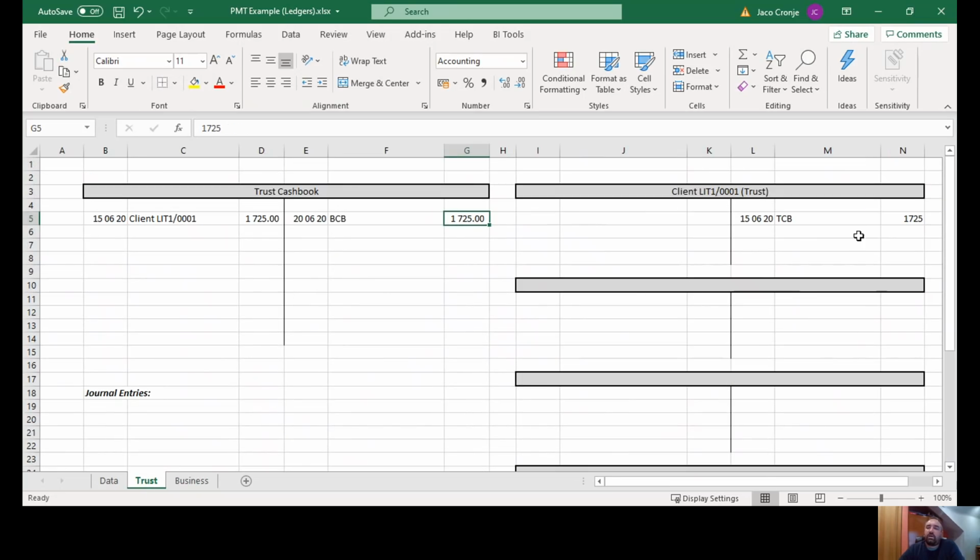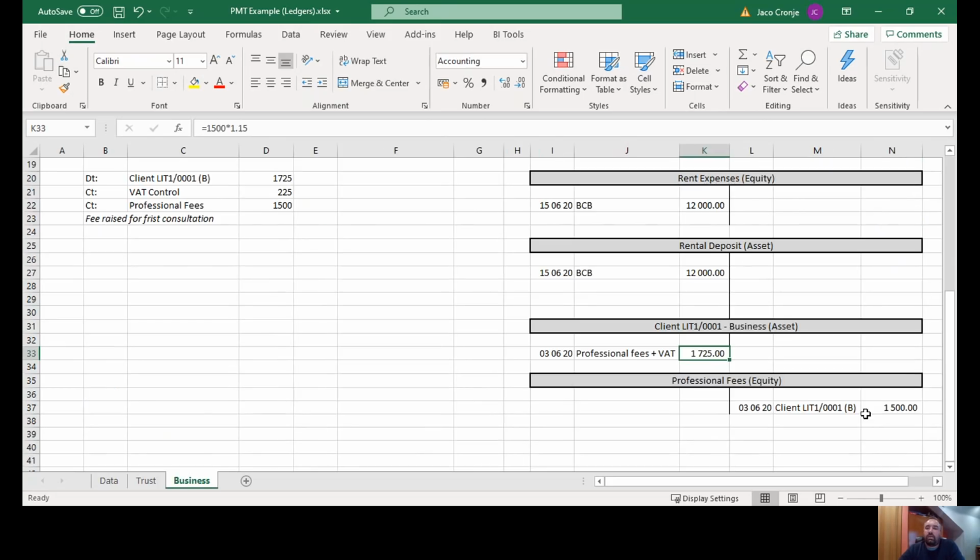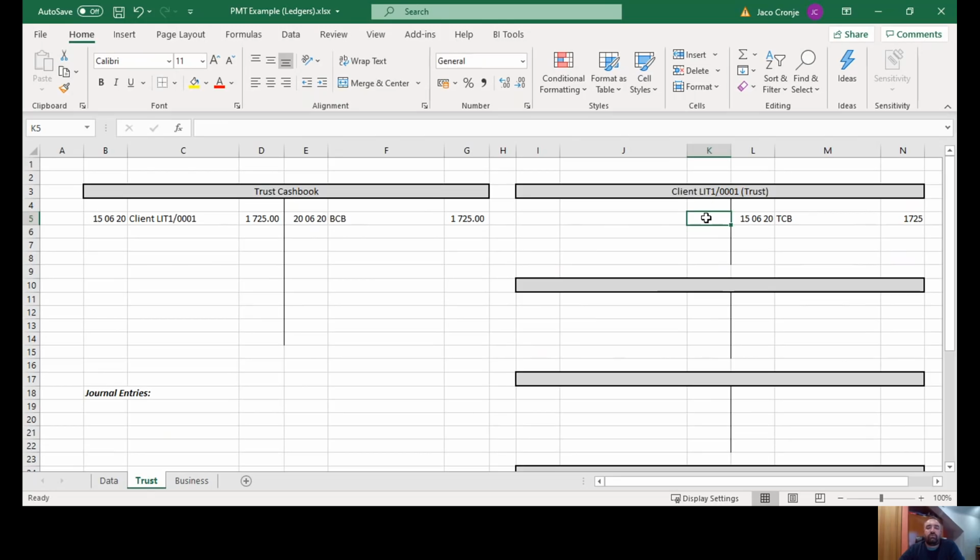And in the trust side, it still shows that this client has money in my trust account, which is not true because my trust account balance is now 0. So I need to do a transaction where I clean this against that. So my credit leg falls in this side and my debit leg falls in the trust section.